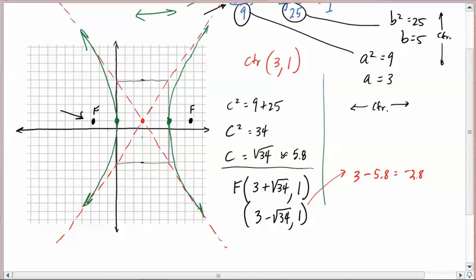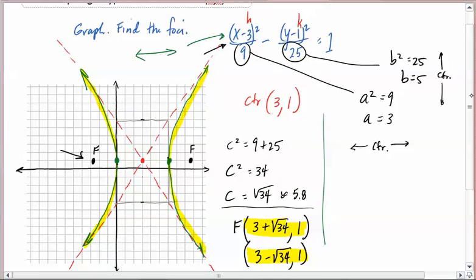And is that the distance that I'm going when I start from the origin, right? That's how I plot a point. I would go negative 2.8, and then I would go up 1, and that would definitely check with my drawing, and it would check with my algebra that I've done. So here are my foci, and here are my parts of my hyperbola. Okay, let's see if that's all that we were supposed to do. Find the foci and graph it. That's it. Thanks for watching.